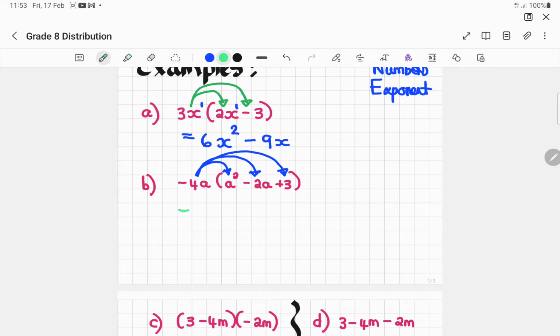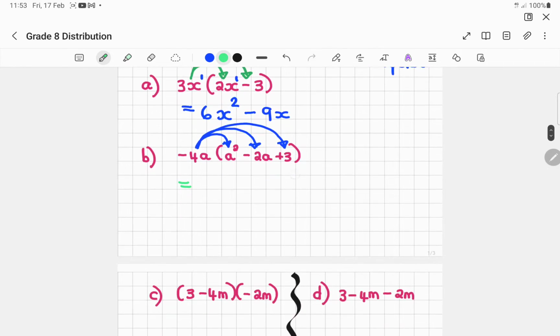All right. So negative times a positive, first our signs. Negative times a positive is a negative. 4 times 1 will give you 4. And a times a to the power 2, our exponent law is keep the same base and add the exponents. Remember, if there's nothing, there's a 1 over there.